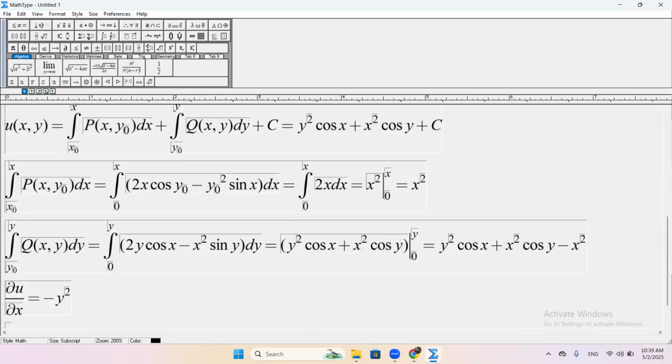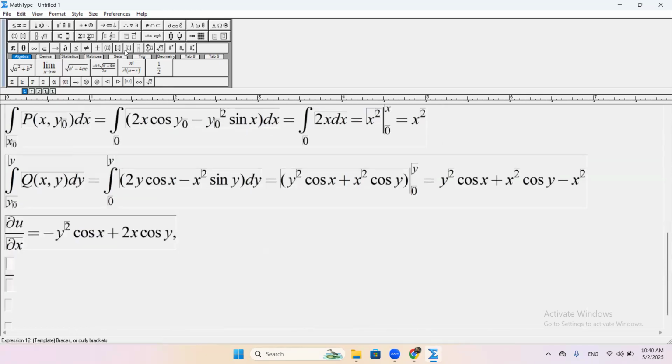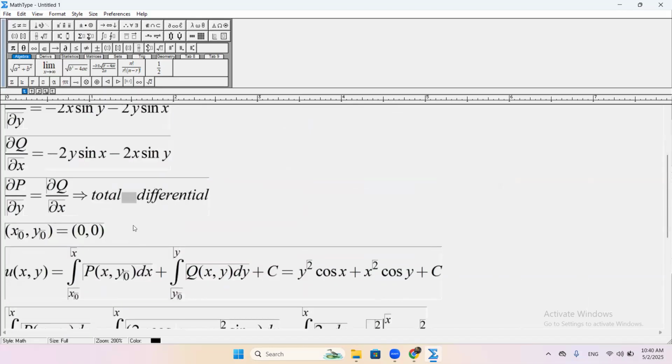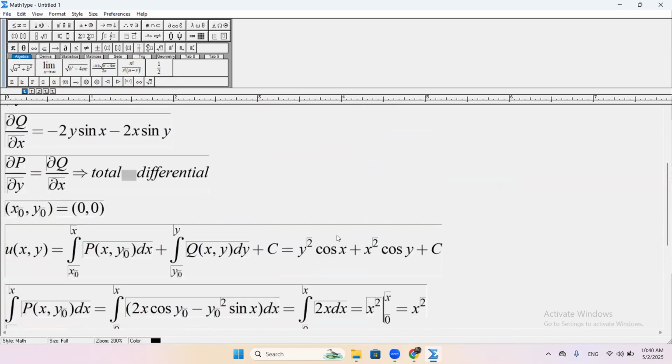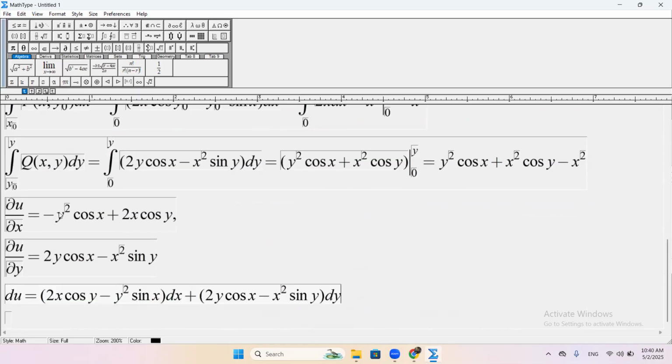Minus y squared cosine of x plus 2x cosine of y, and du by dy equals 2y cosine of x minus x squared sine of y. And if we check with this differential, yeah, the first partial derivative by x and the first partial derivative by y, so everything is correct.